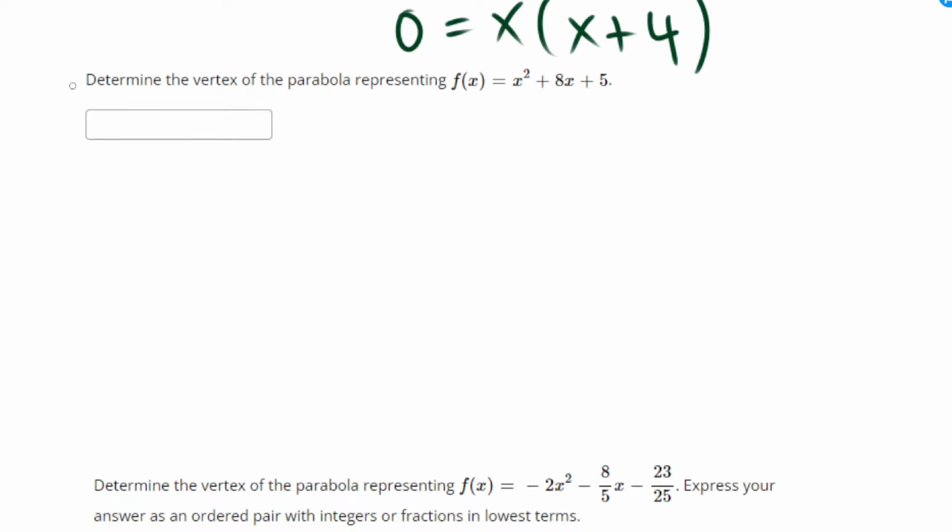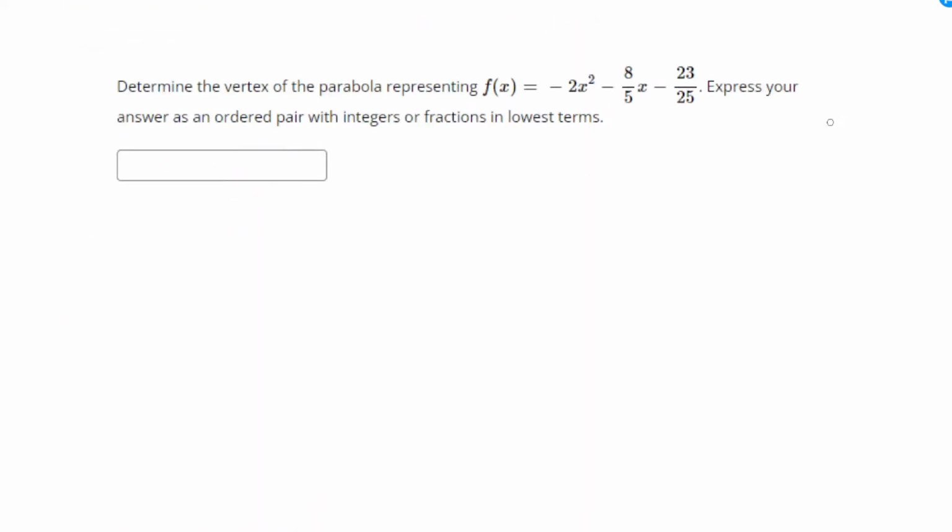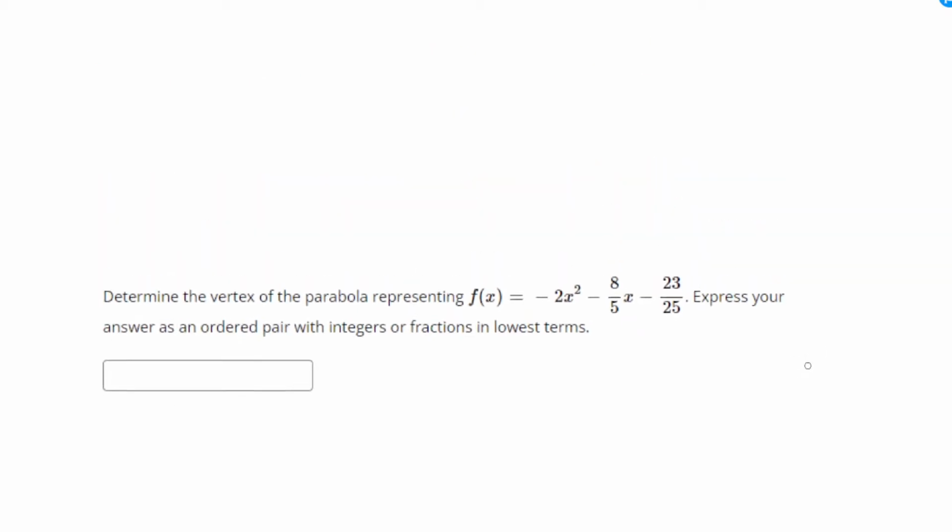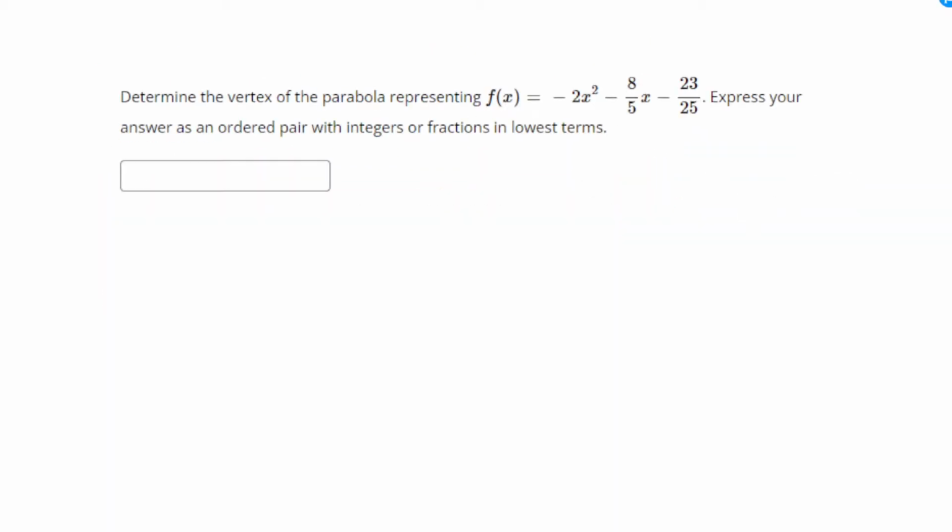I'm going to skip this one and go to the one with decimal fractions, because those usually trip people up, especially since our leading coefficient is -2x squared. Now, I do prefer completing the square, but in this case I think it might be nicer to do the vertex form, because then I don't have to divide all of this by 2 and then divide this by 2 again and then square it.